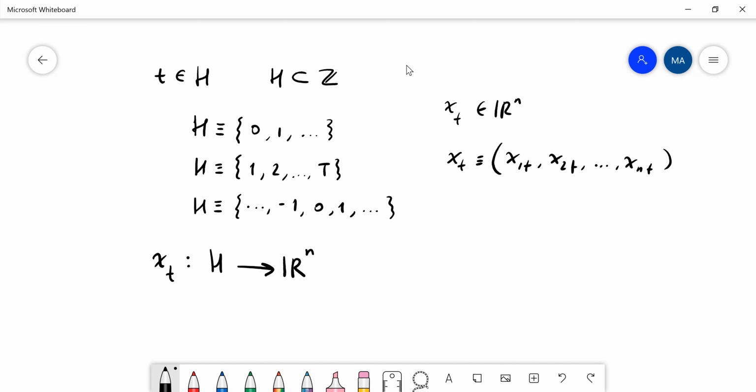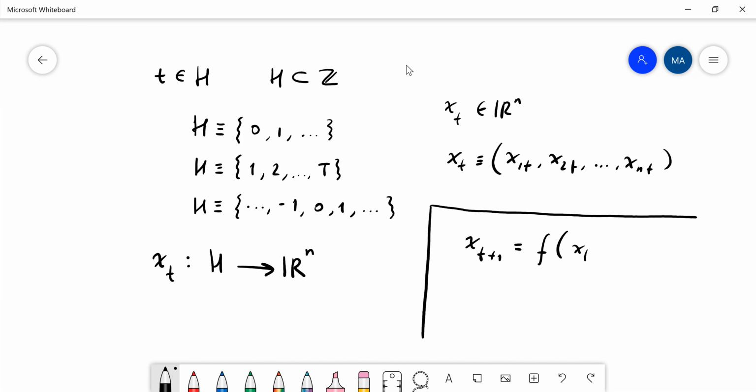For most of this week and next week, we'll be basically interested in systems like this. There will be two variables that change in time, and how they change will depend on their existing values at t, right? So these are now transition functions.